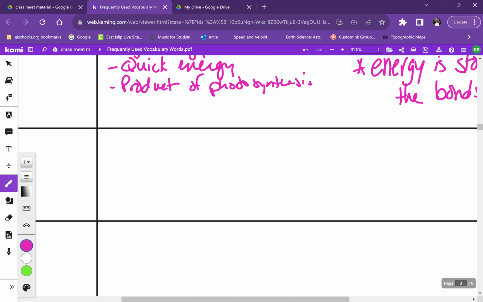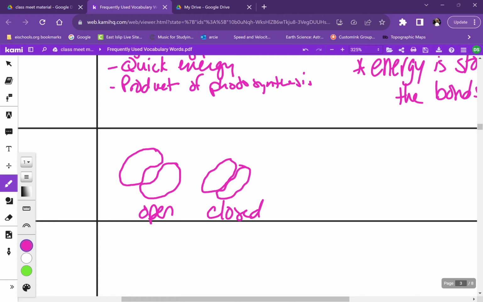All right, next one is a guard cell. The guard cells, remember, they look like little lips. They're like that. That's an open guard cell, closed guard cell. That right there, that opening, is the stomata or stomate or stoma.